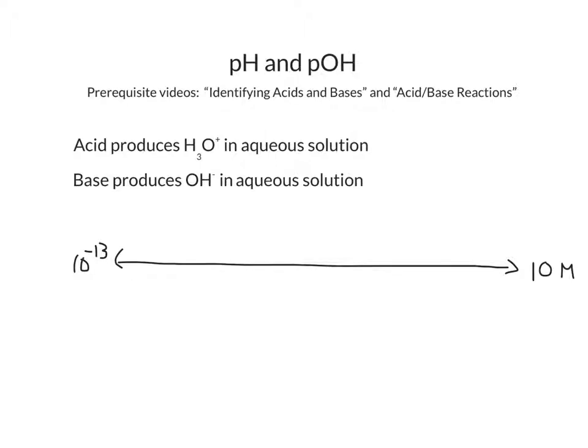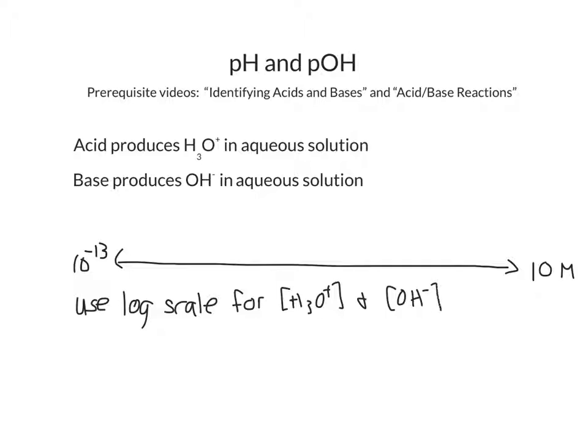So we're going to use a log scale to report the concentrations of hydronium and hydroxide ions in our acid and base solutions. What you'll notice is that the majority of this scale is down here at concentrations that have a negative exponent.